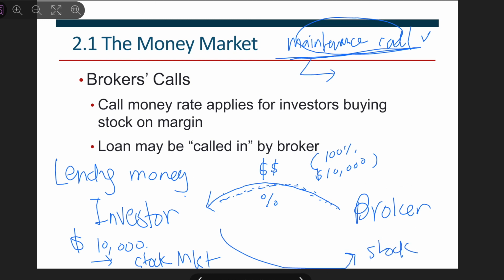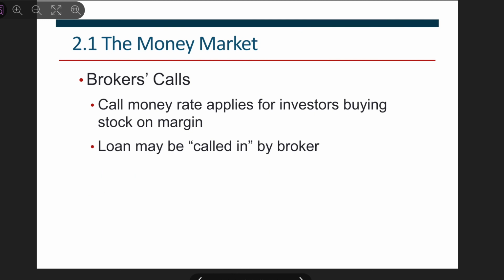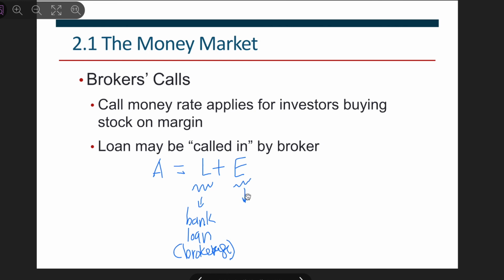So what happens next is this. When we have an asset, asset equals liability plus equity. We can think of the liability as a bank loan; in this case, it is a brokerage loan. And for the equity part, we can think of it as my initial funding.